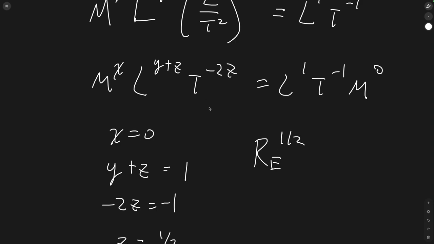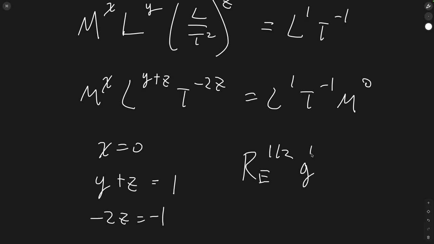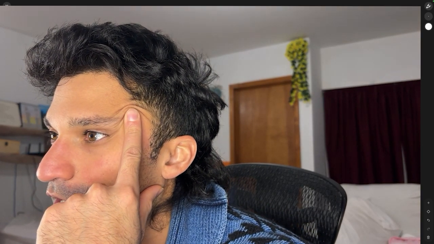And G is going to also be raised to the 1/2 power. So this is going to be the square root of G times the radius of the Earth. And actually, this turns out to be exactly the right answer. Incidentally, but it could have been off by a factor. That's all I have to say in terms of the lecture for this section.